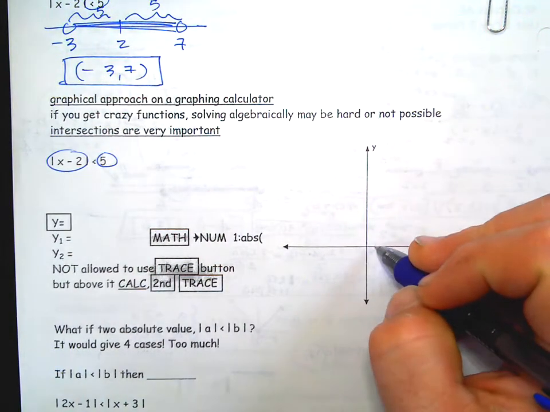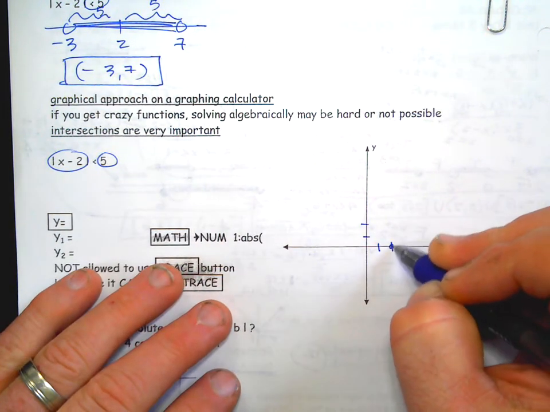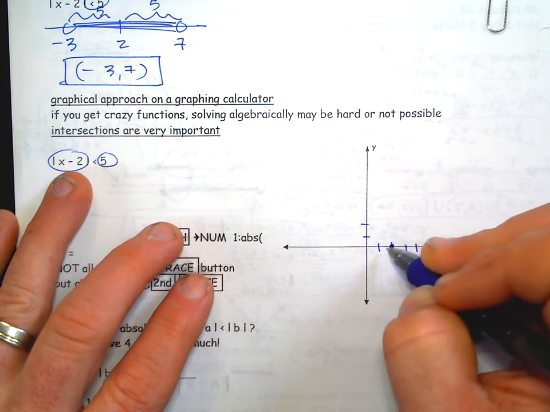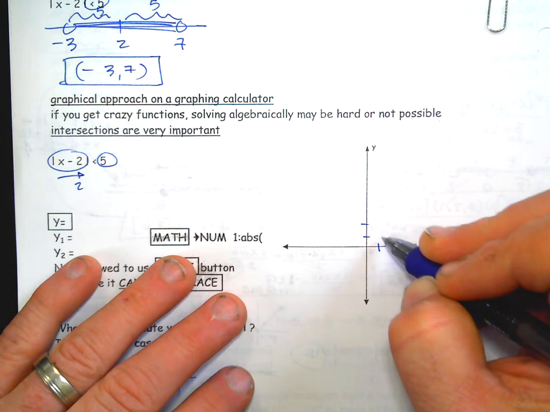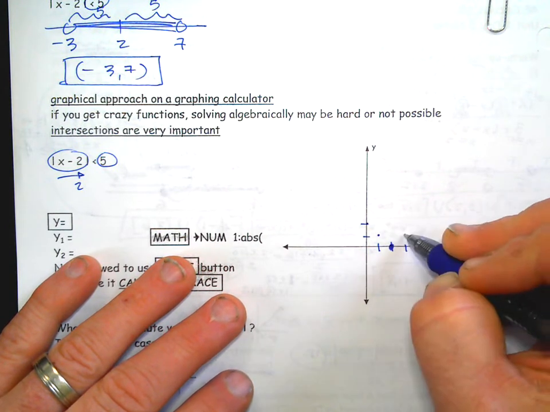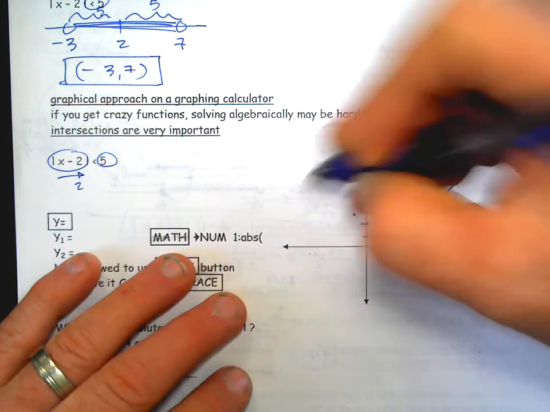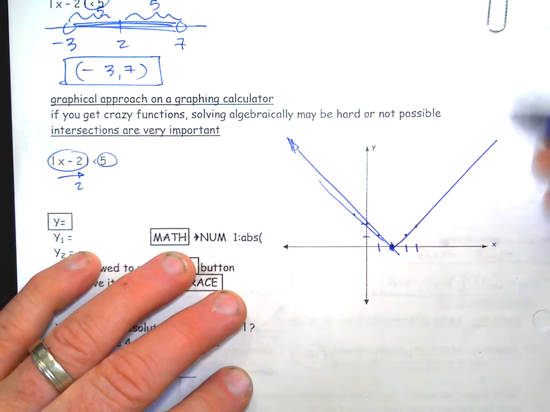You guys should know that this graph is going to look like this. This is the absolute value graph, and it's just shifted over to the right 2 units, right? So that's the new vertex. And then it has a slope of 1 on both sides. And it just goes like that, right? You guys should be able to graph this without a graphing calculator, but I'm going to show you how a graphing calculator will do it quicker.